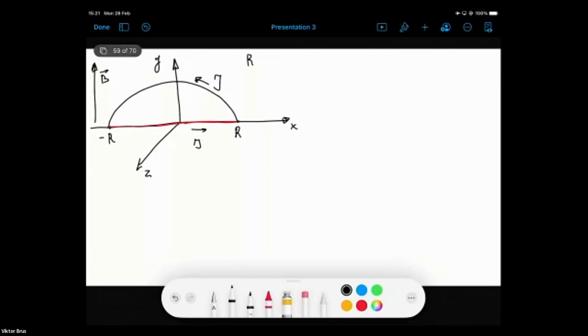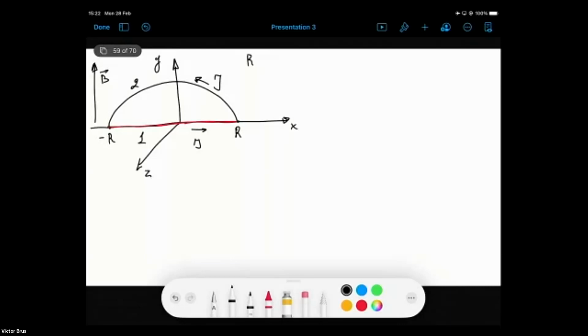If we apply the left-hand rule for determining the direction of magnetic force, I'm talking about conductor number 1. Let's say this is conductor 1, this is conductor 2. But actually this rule applies to any case.